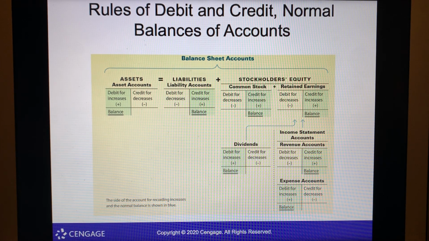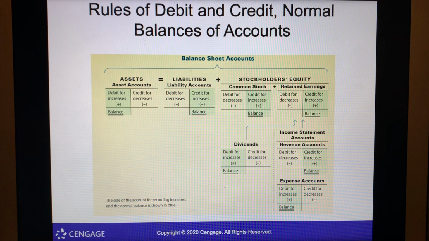This is a big view of what this looks like, and this is very similar to what's in your textbook or online if you get the ebook. So it just goes through all of these things. And notice right here it says your dividends and your income statement go into your retained earnings, and it all closes out.